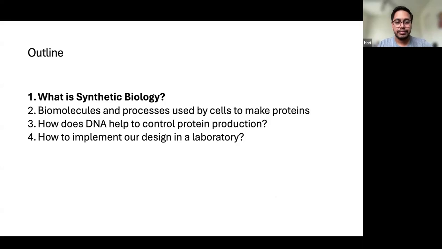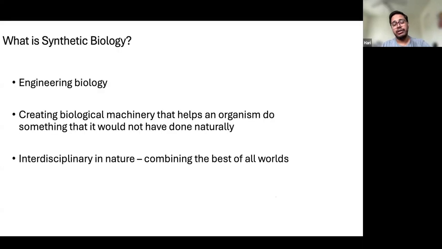So let's get started. What is synthetic biology? By definition, synthetic biology is a field of science that involves redesigning organisms for useful purposes by engineering them to have new abilities. What do we mean by redesigning organisms or engineering them?